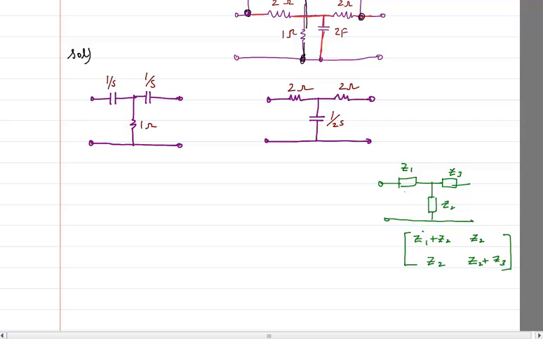That means this corner will be a combination of these two, and this corner will be a combination of these two, and the two corners here and here will be the middle branch.